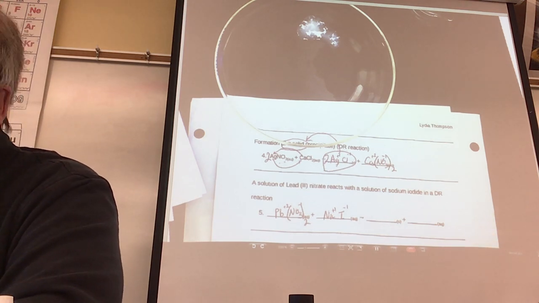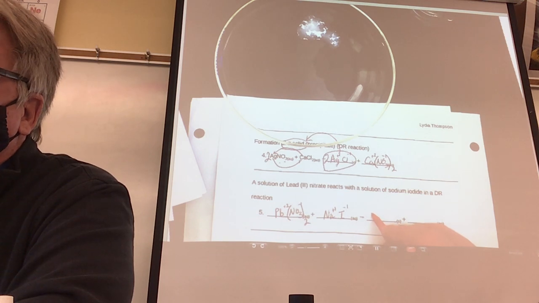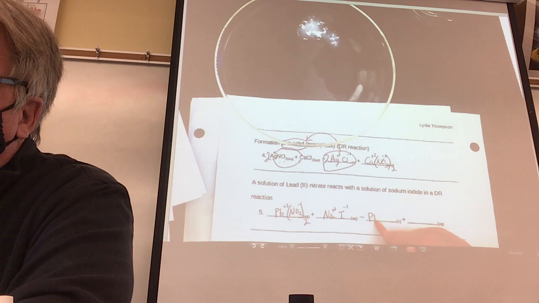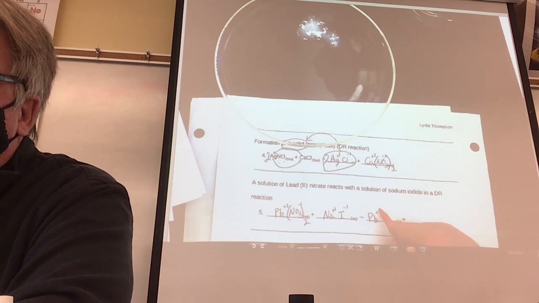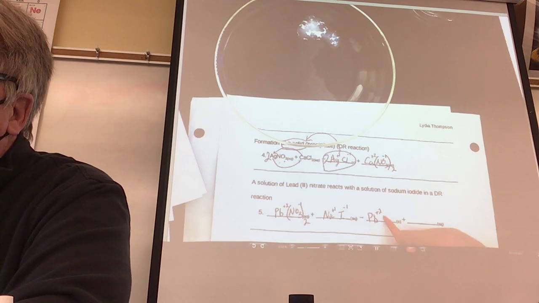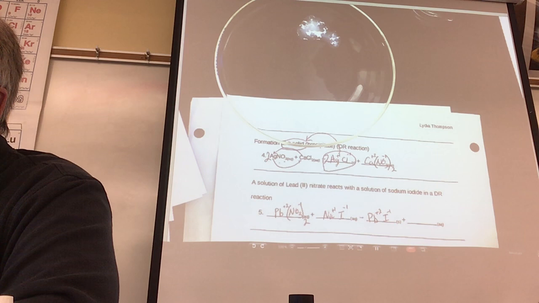Now, this is also a double replacement reaction, so what's going to happen over here? Lead iodide. Yes, but by the way, in first year chemistry, I'm not going to change lead. If it starts out at lead 2, it's going to be lead 2. Lead 2 iodide. Now, how do you write that? Something's wrong here. See that?